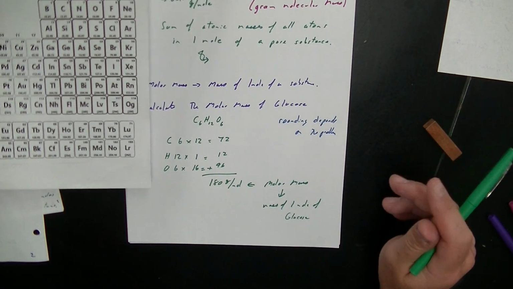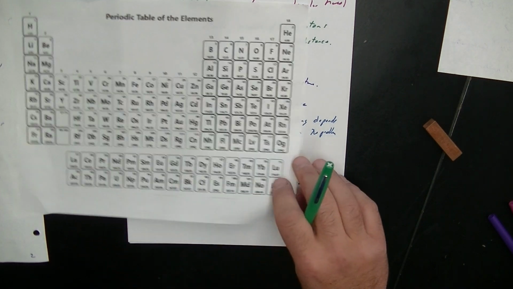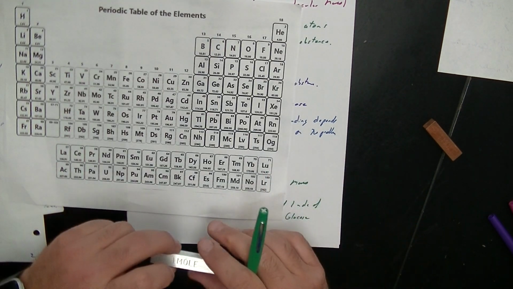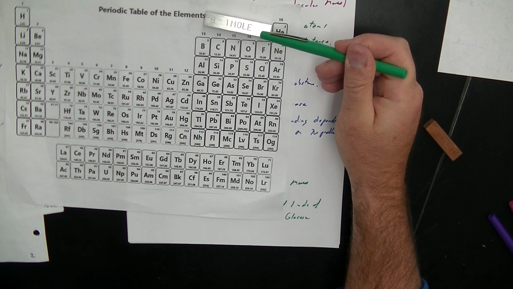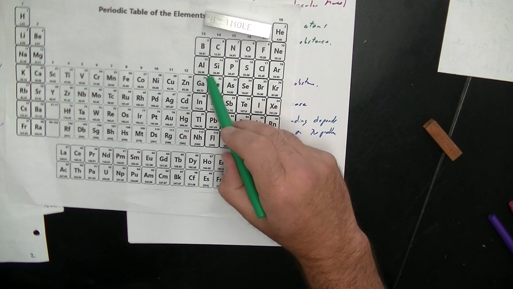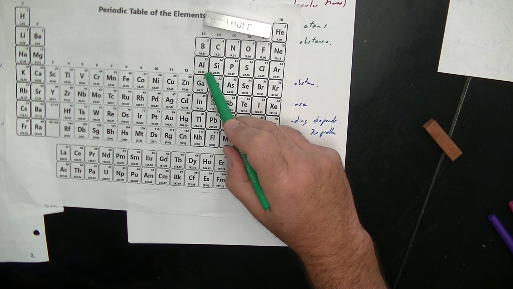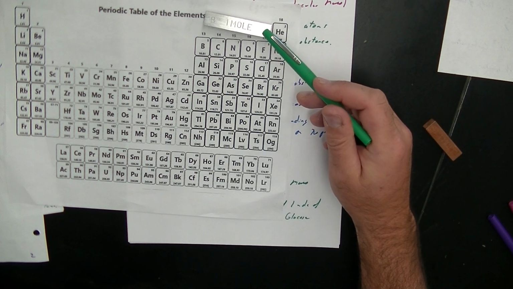All right. Let's go to our aluminum. This is 1 mole of aluminum. What's its mass? Its mass would be equal to 26.98 grams per mole.